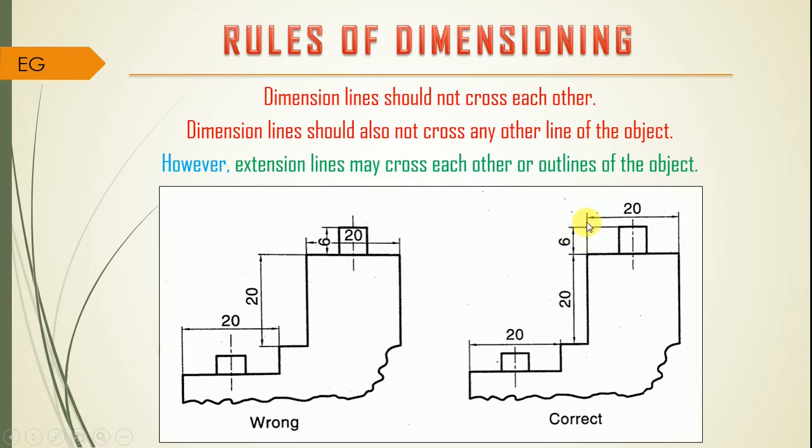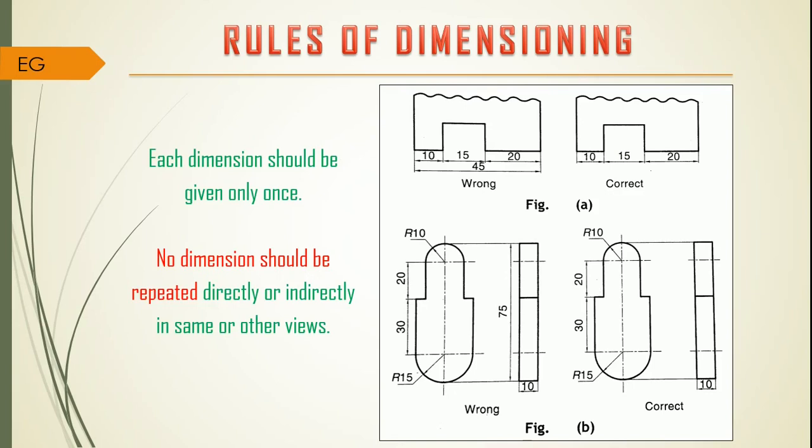As you have the crossing of your extension lines, that is purely acceptable. So you have to remember, as far as the rules of dimensioning are concerned, that dimension lines should not cross each other, or any other outline of an object. However, extension lines may cross each other or outlines of the object. So this is the next rule of your dimensioning. Move to the next one.